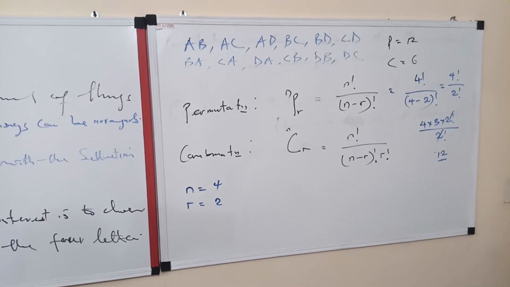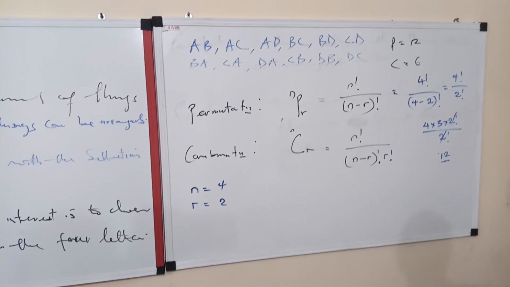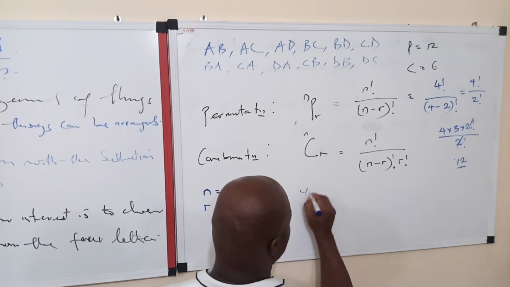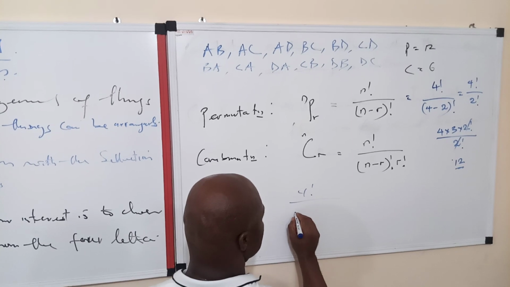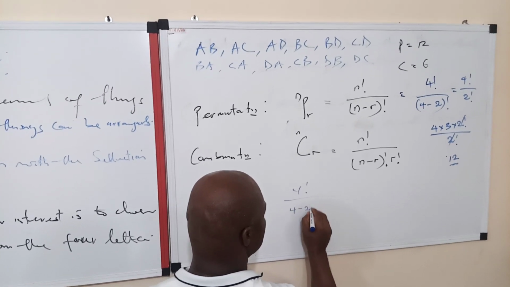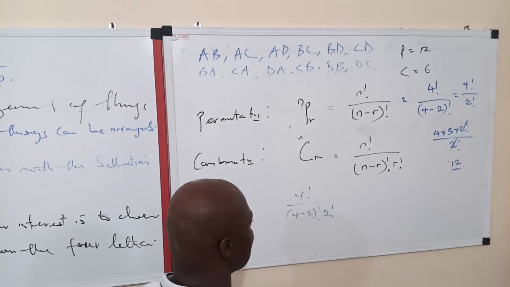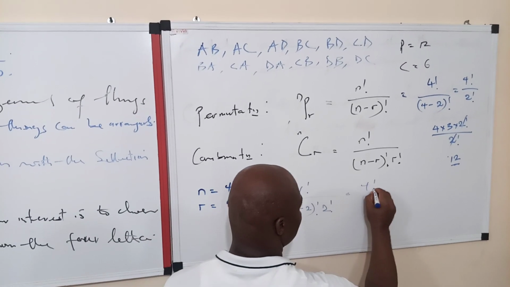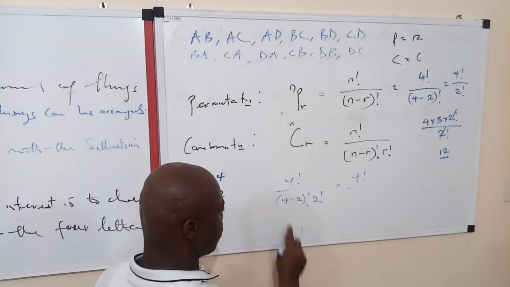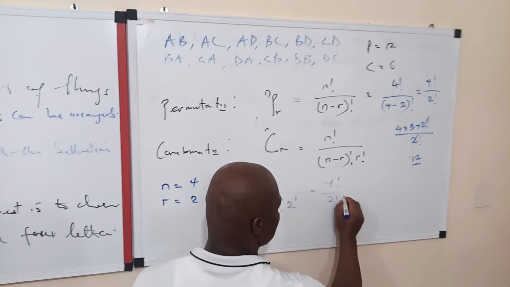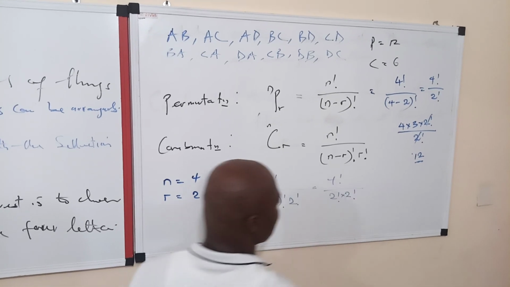Now let's consider the combination, where we have 4 factorial all over (4 minus 2) all factorial times 2 factorial. If you simplify this, we have 4 factorial all over 2 factorial, and we still have 2 factorial.